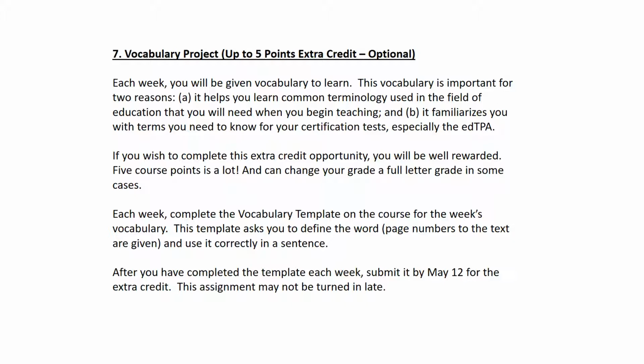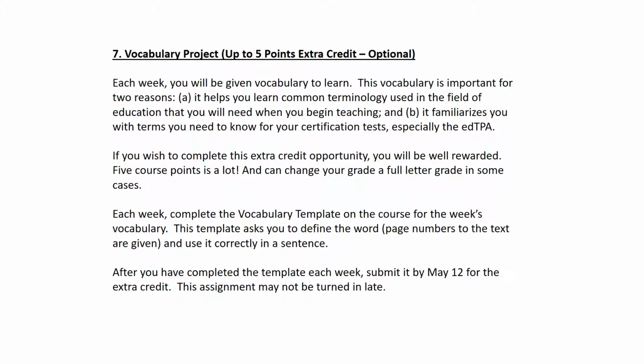So each week you complete a vocabulary template that's found in the assignments folder. The template asks you to do several things. Define the word and use it correctly in a sentence. That's it. So if there are 5 vocabulary words and you get into the habit each week of defining them, with an average of 5 over 15 weeks, that's a lot of words, but it's only 5 words a week or so, so it doesn't take a lot of time.